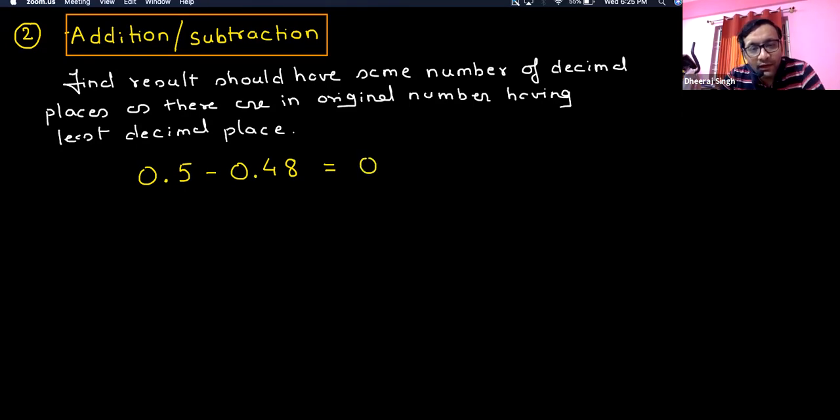The mathematical answer is 0.02, but right now it has two decimal places. It should have only one. So answer is 0.0. We are talking about readings. I have no confidence in this digit itself. How can I say the second decimal place is 2? So I need to drop it off.